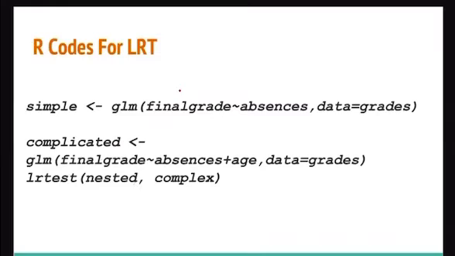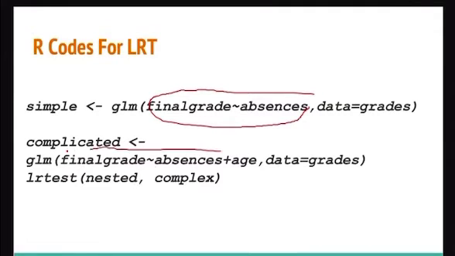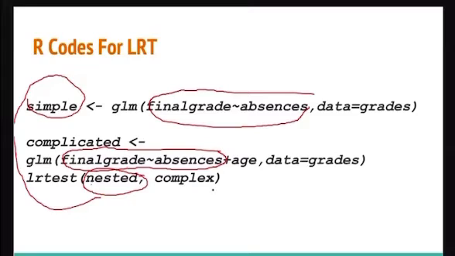Do you see this model? It's nested in the complicated one too. That's what we call nested. The simple model has to be contained in the complicated model. The first one here that I call nested, I'm referring to simple. The complex here, I'm referring to the complicated. Does that make sense?